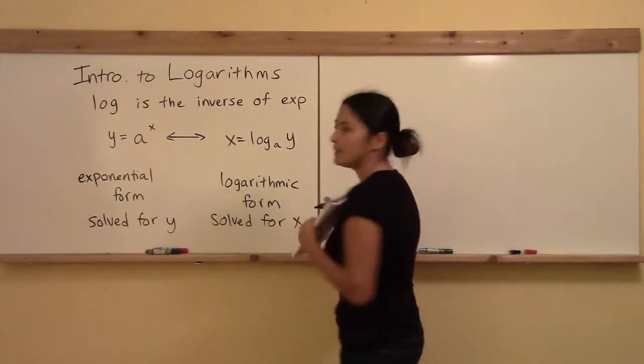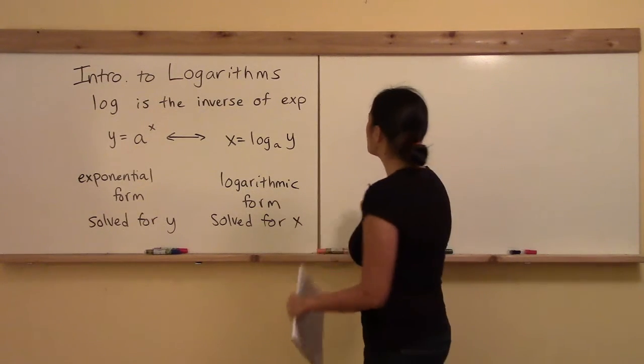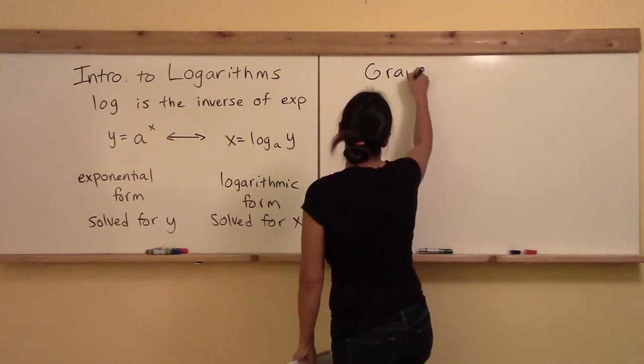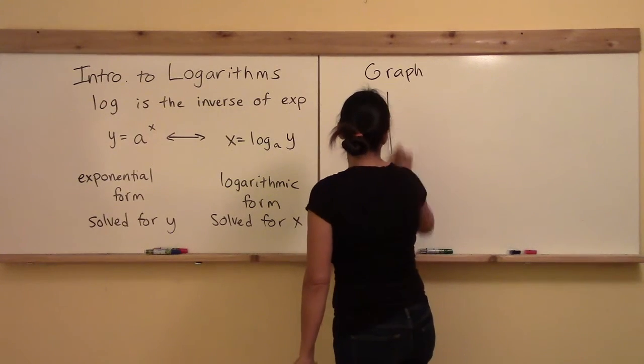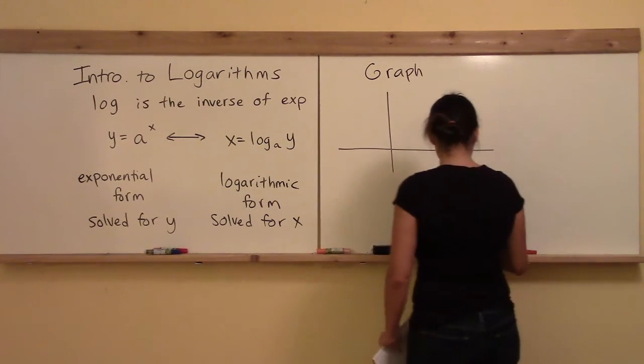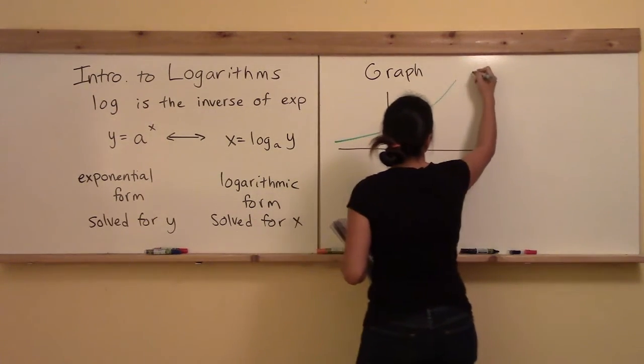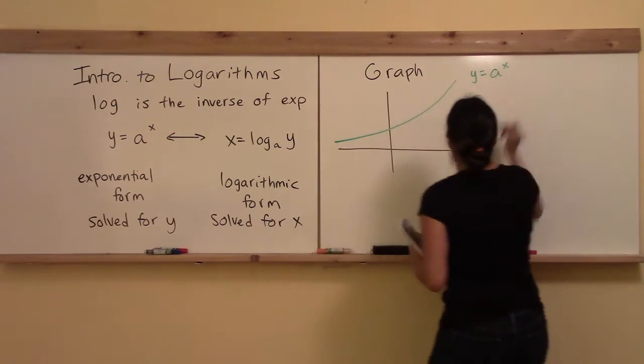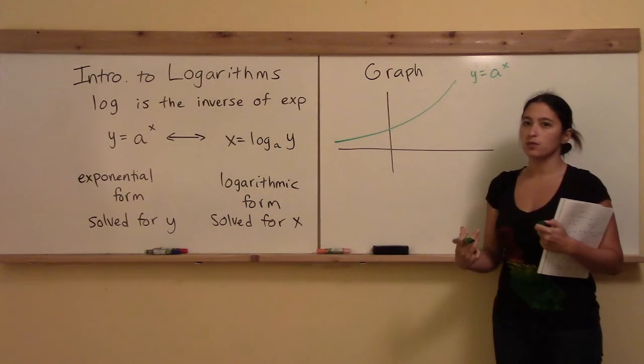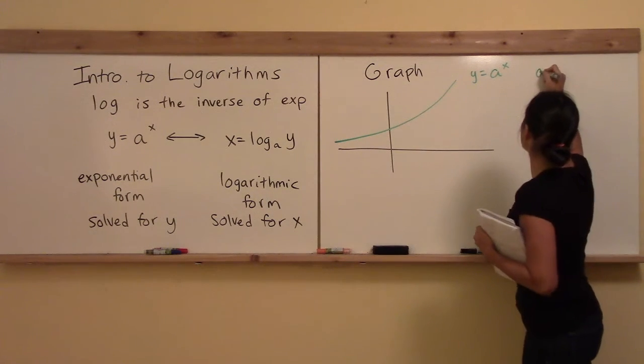Maybe it will explain it a little better if I show you a picture of this. So let's look at the graph of the logarithmic function here. Now in green, I'll draw the function y equals a to the x. Let's assume that we're working with a base a, which is greater than 1.